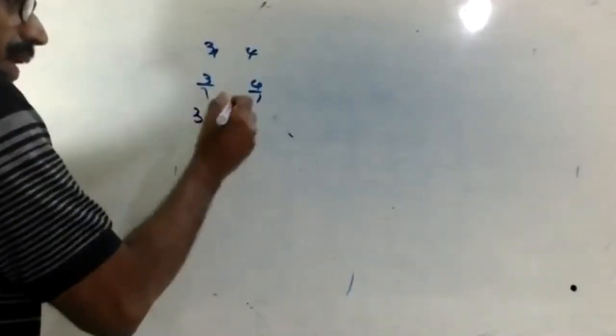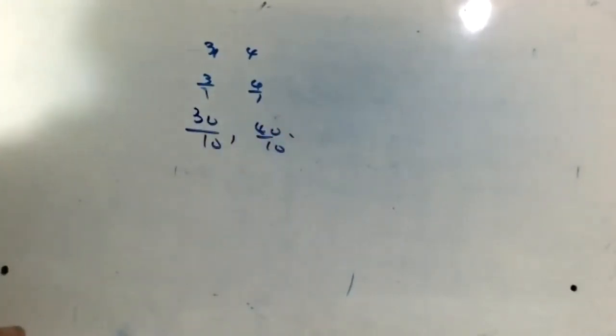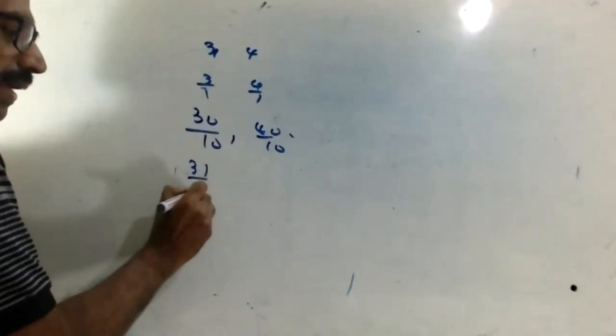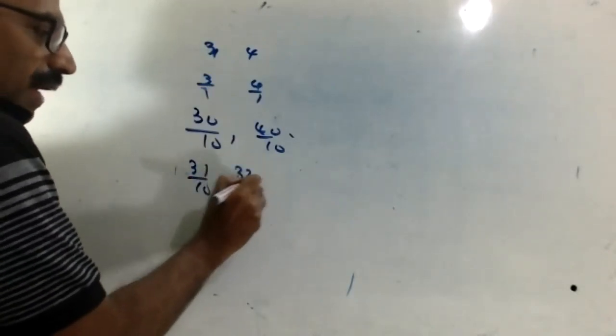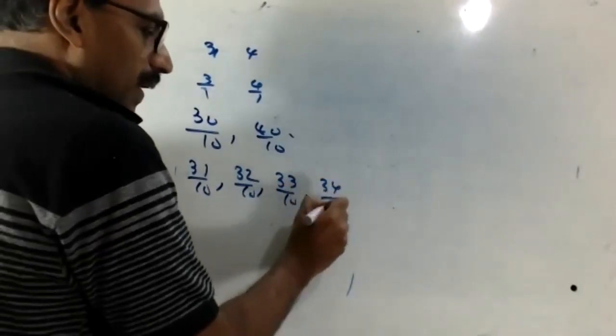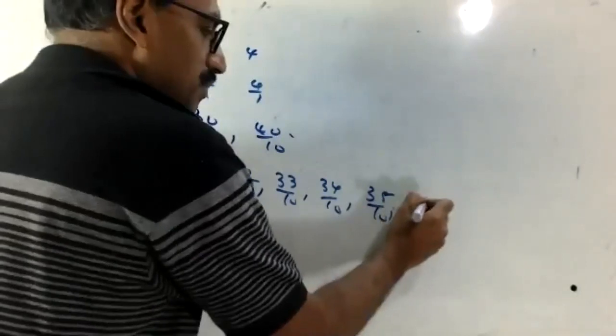Okay, then you write that multiplied by 10: 30 by 10, comma 40 by 10. Because we multiplied by 10, we can add 31 by 10, 32 by 10, 33 by 10, 34 by 10, 35 by 10, 36 by 10.